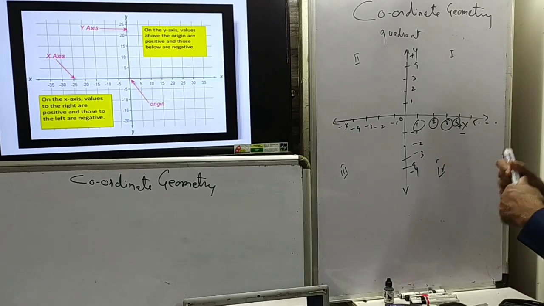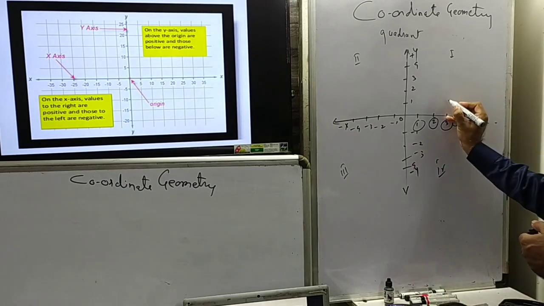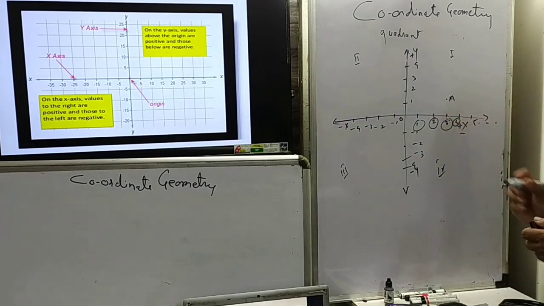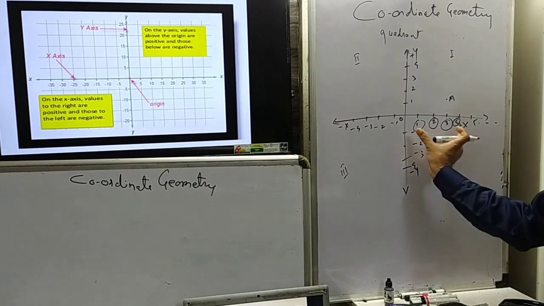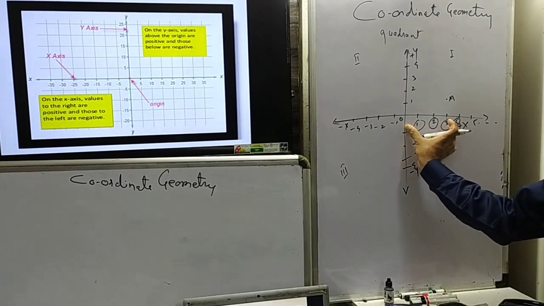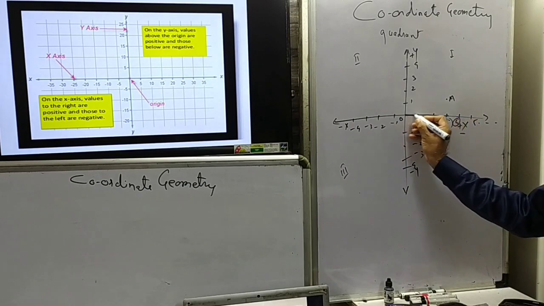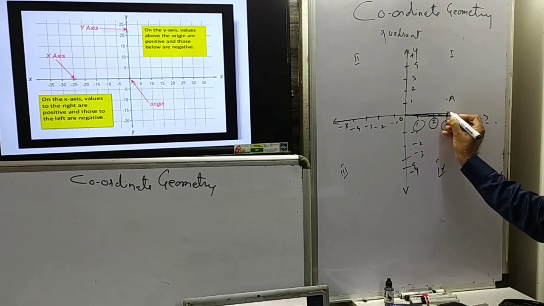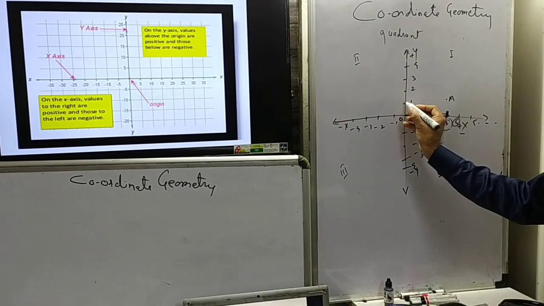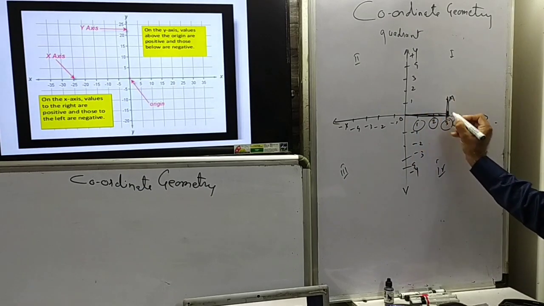Now suppose we have this point A here. For A, what we do? We have to move 3 places toward the right on the x-axis. Means for reaching A, we have to move 3 places toward the right and 1 place up.